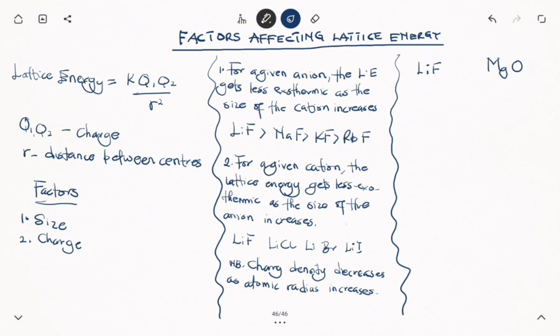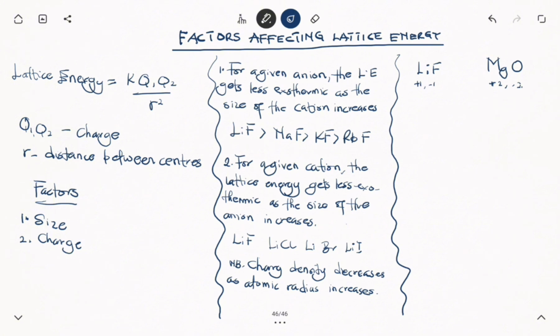So we are looking at size and charge. Now let's give priority to the charge. In the case of lithium here, lithium is +1 and the fluoride is -1. Now magnesium over here is +2 and then the oxygen is -2.